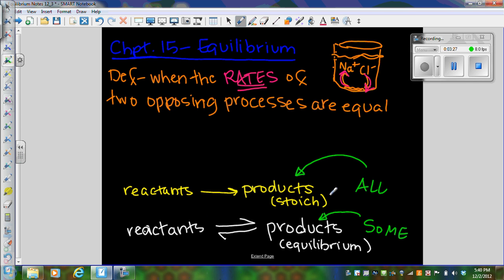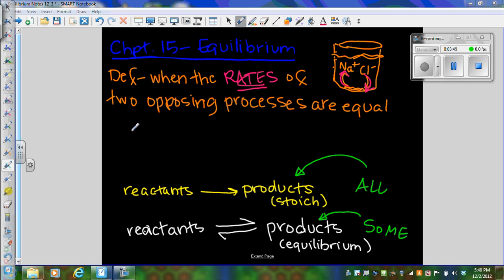But for right now, think about stoichiometry as being all and equilibrium as being some. I'm going to write a reaction here because we had talked about the difference between strong acids and strong bases. So that would be something that you'd be familiar with.